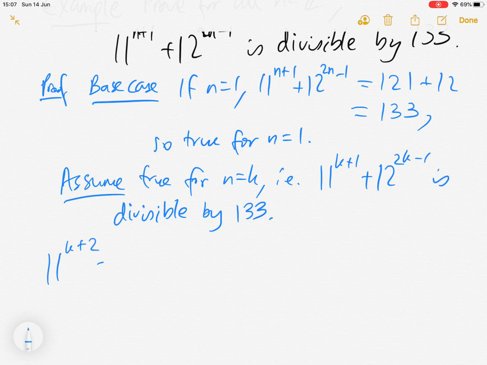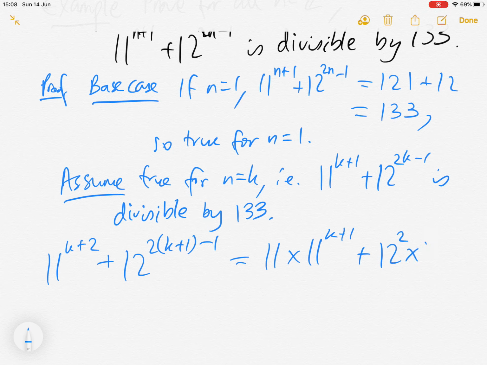So we'll now consider 11 to the k plus 2 plus 12 to the 2k plus 1, which is the same as 11 times 11 to the k plus 1 plus 12 squared times 12 to the 2k minus 1, because we get an extra power of 2 of 12 when we expand out.